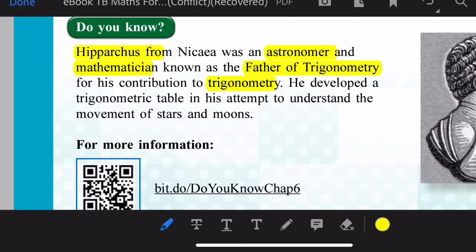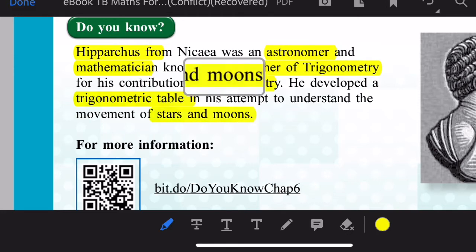Wow, this is the father of trigonometry, Hipparchus. He developed a trigonometric table in his attempt to understand the movement of stars and moons.